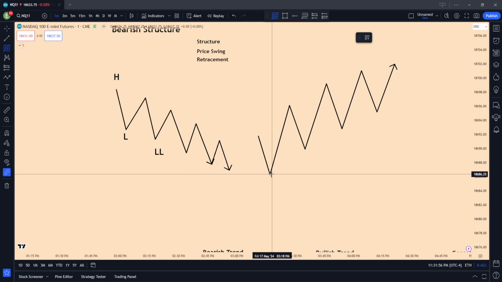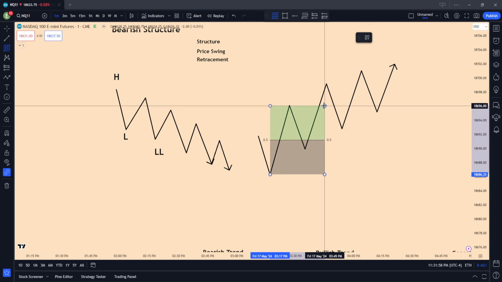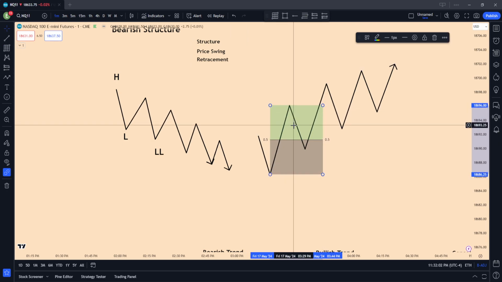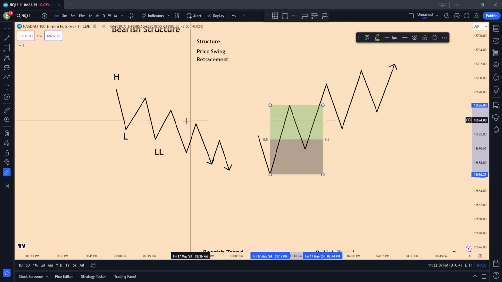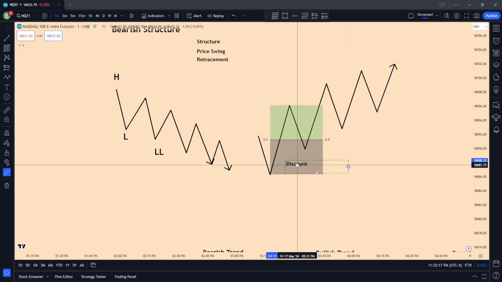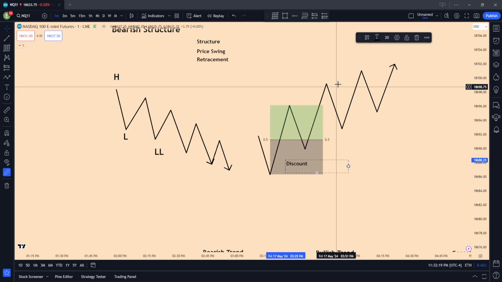So what you do is you want to wait for price after the swing. You want to wait for price to come down into a discount, okay? For here, you want to wait for it to come into a premium. But when it's bullish trend, you want to wait for it to come down to a discount. This is where you want to take a long.